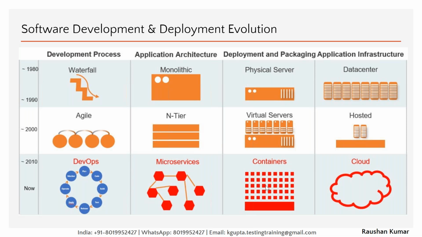Containers help us use the unutilized space. That is how we are making progress in the IT world. I don't want my resources to be unutilized. That is how we talk about virtualization, and the next step is containerization.